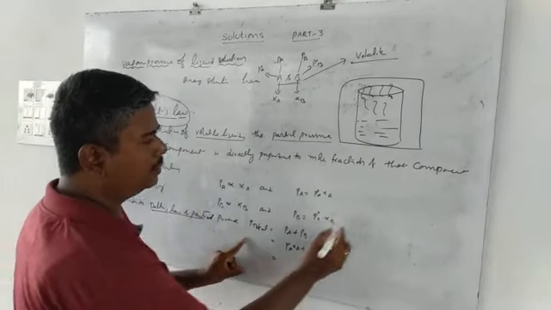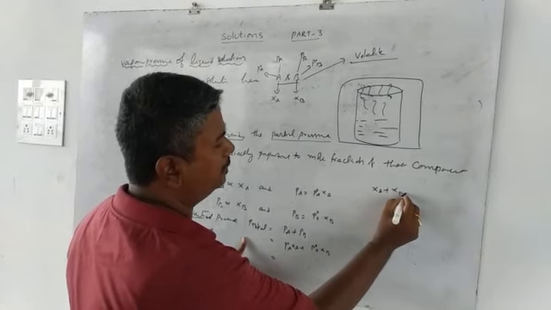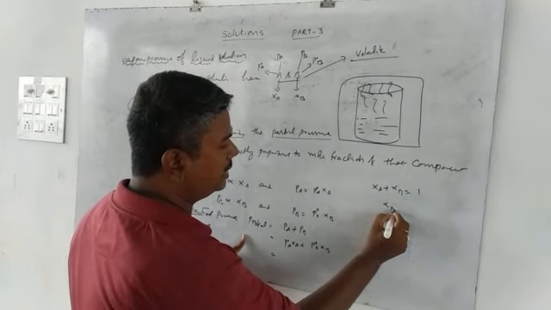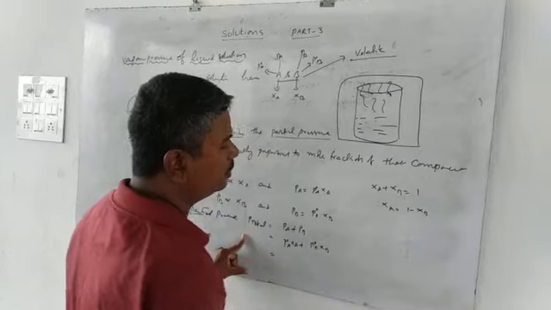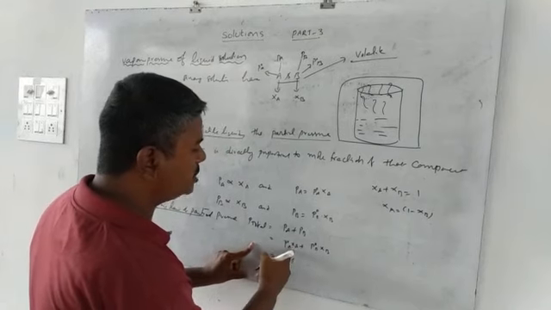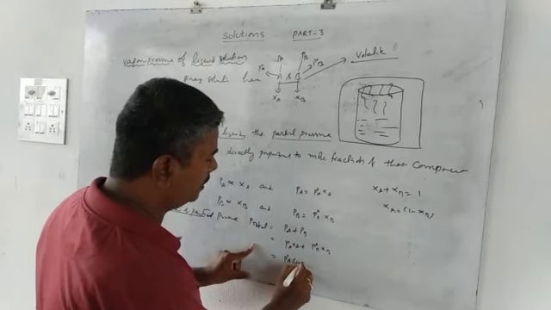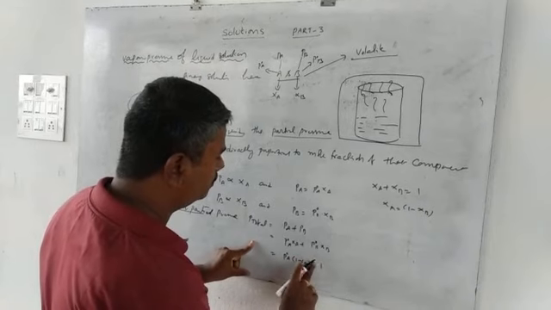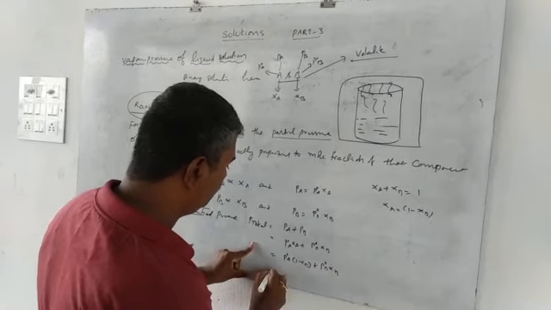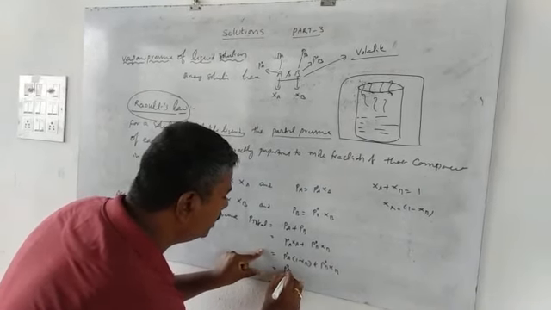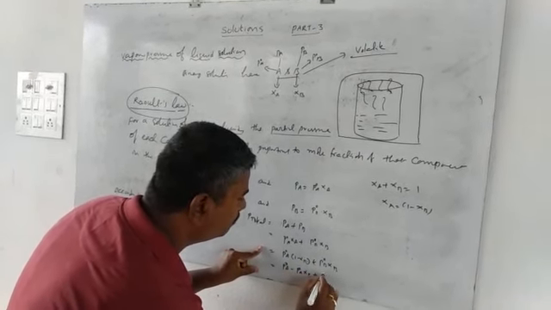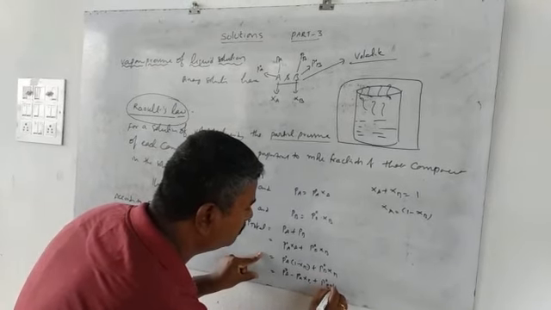We know that XA plus XB equals 1 from the mole fraction definition. That means XA equals 1 minus XB. Substituting the value here, P total equals P naught A into (1 minus XB) plus P naught B XB. That means P naught A minus P naught A XB plus P naught B XB.